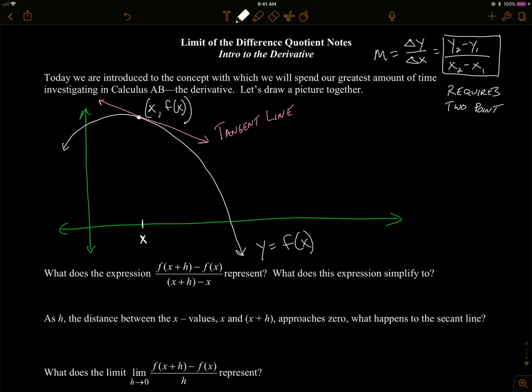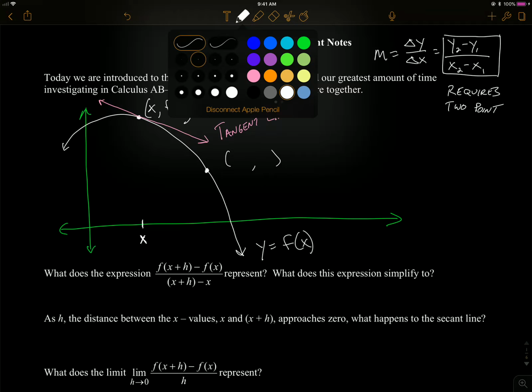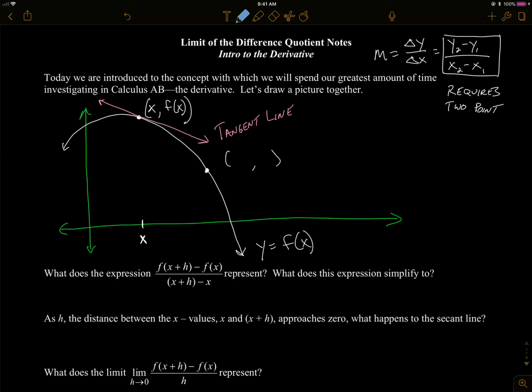We're going to assume that we can get any point as long as it's on the curve. So for instance, if I had this other point down here, I could find its coordinates, and I could do the slope of the line between those 2 points. So I'll draw that in like a blue. I could find the slope of that line because now I know 2 points on that line.